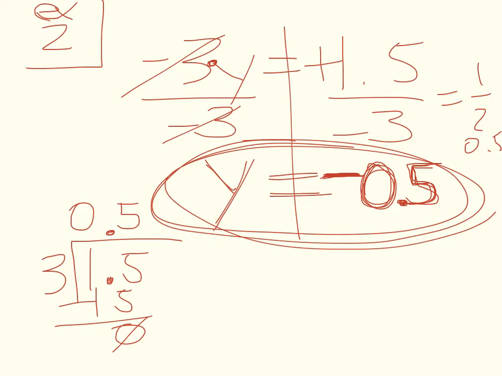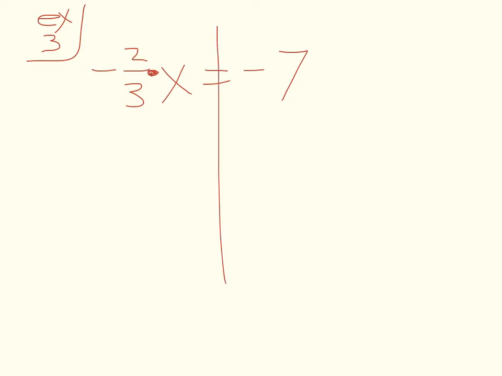Let's try example number 3. Here's example 3. We've got negative 2/3 x equals negative 7. Alright, again, this is multiplying. Draw your line, so we divide by negative 2/3.